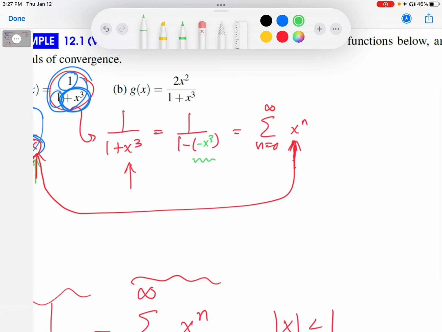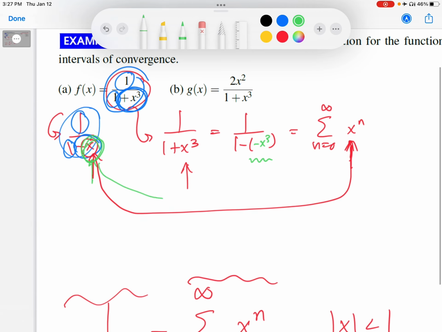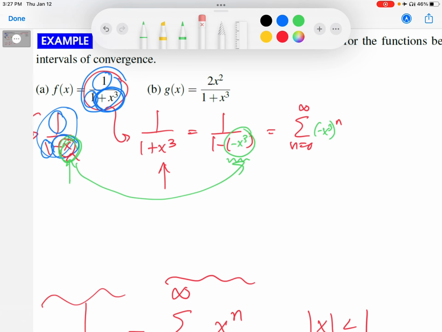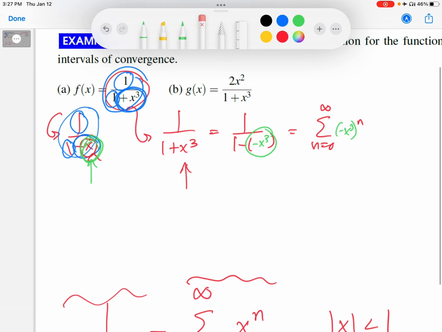Now what I've done is I've replaced this x with negative x cubed. So therefore I'm going to go over here and replace that x with negative x cubed.